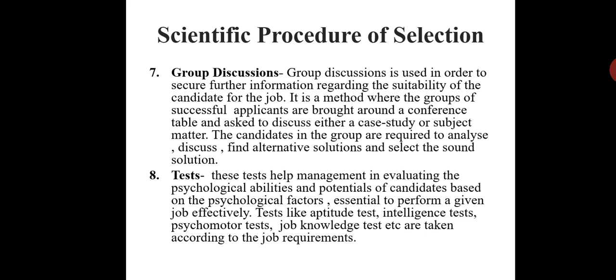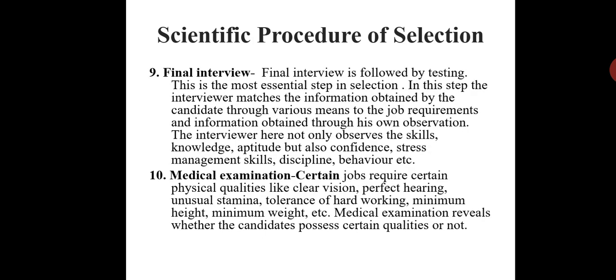In this test, we are specifically asking about things that are more specific to the job description, or what kind of person we want for the position that is available in the organization. Here the tests are more inclined toward the job description, more inclined to the job specifications.